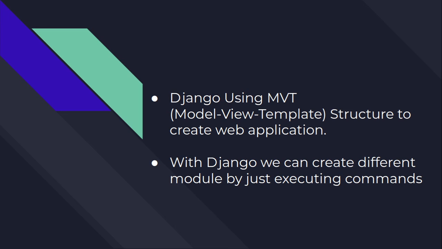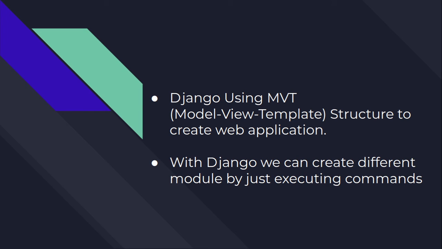And Django is using the MVT structure to create a web application: model, view, and template. We will see how this model, view, template structure is created inside of Django. And Django is using the Jinja 2 language for creating the template.